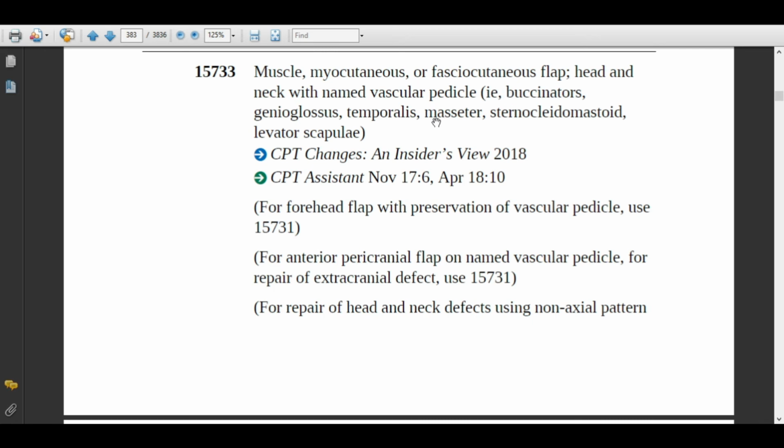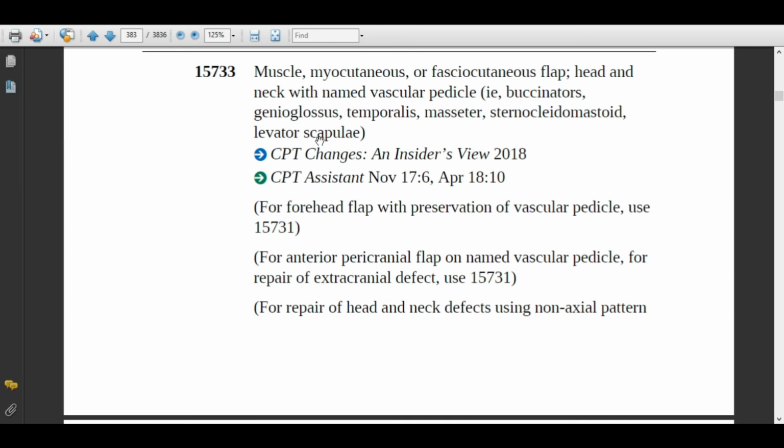So these four muscles help in chewing food. Then we have sternocleidomastoid. This muscle helps to move the head side to side. Levator scapulae. This muscle is situated at the back side of the neck and helps in lifting the shoulder.